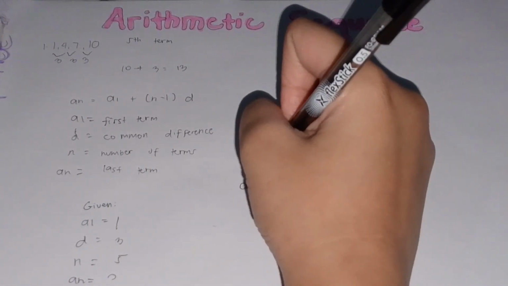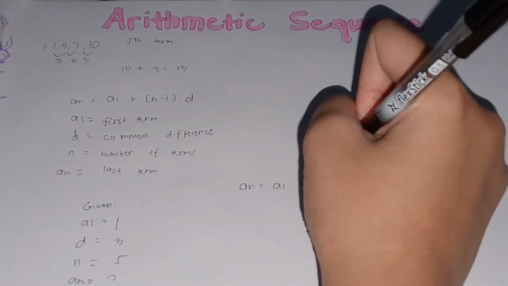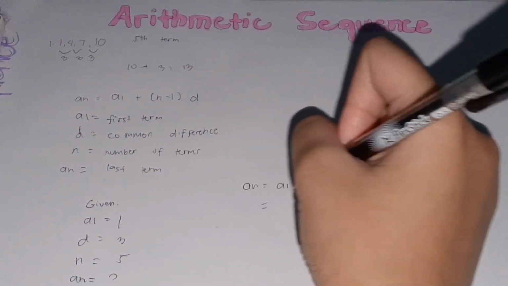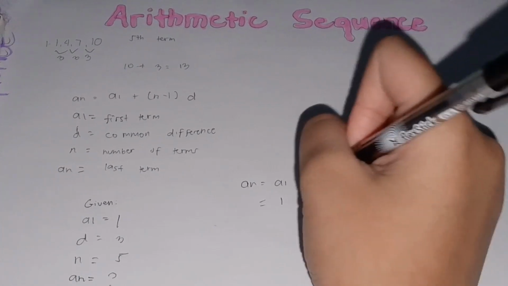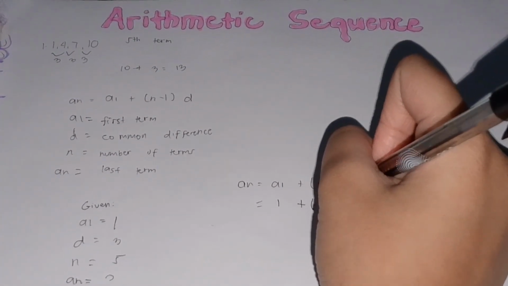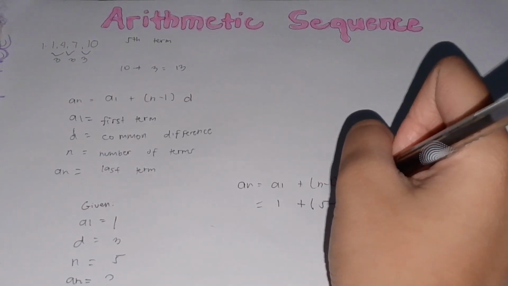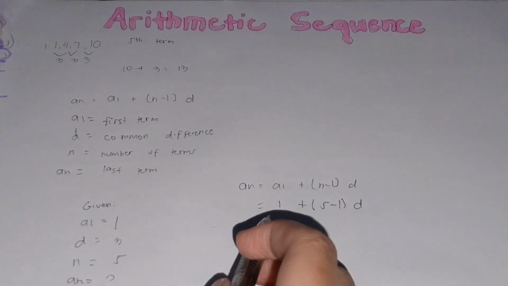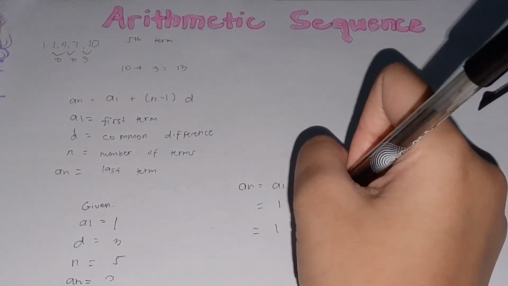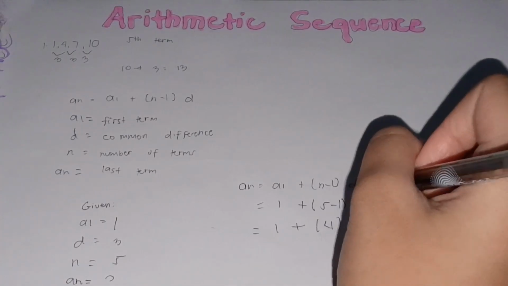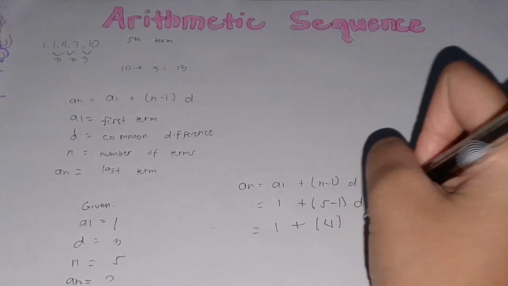So let's just distribute this, guys. An equals A1 plus n minus 1 then d. So A1, which is 1, plus n, our n here is 5, and let's just bring down the minus 1 and then d. So let's bring down our number 1 again, plus 5 minus 1 is equal to 4, and our d is 3.